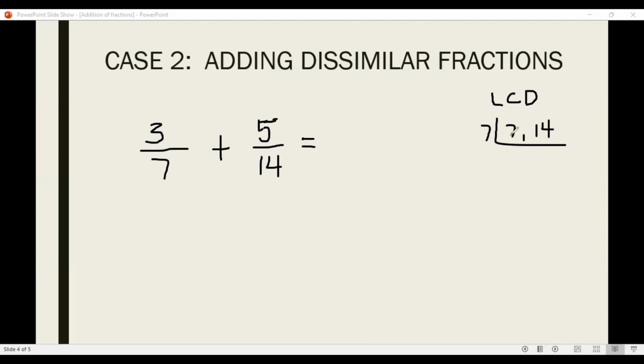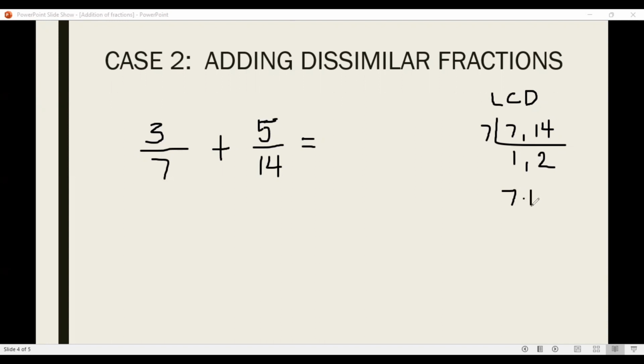So obviously you can have 7 here. So you divide 7 by 7, it's 1. And then 14 divided by 7, the answer is 2. Now, evaluate the remaining numbers at the bottom, and if you see that these are already relatively prime, you may stop. And you can figure out the LCD by just multiplying these numbers.